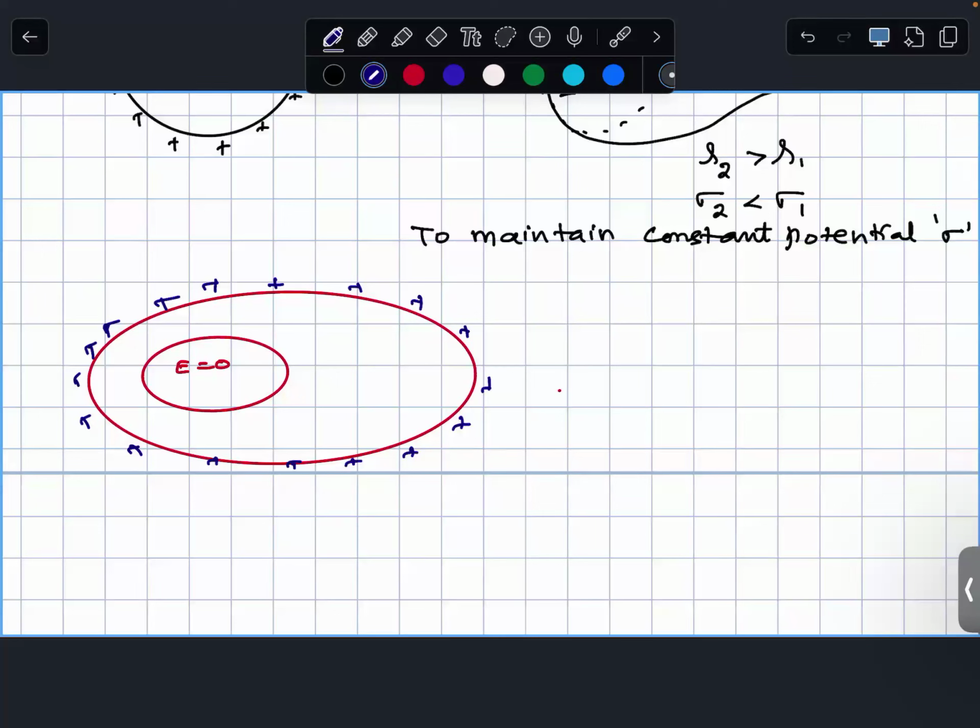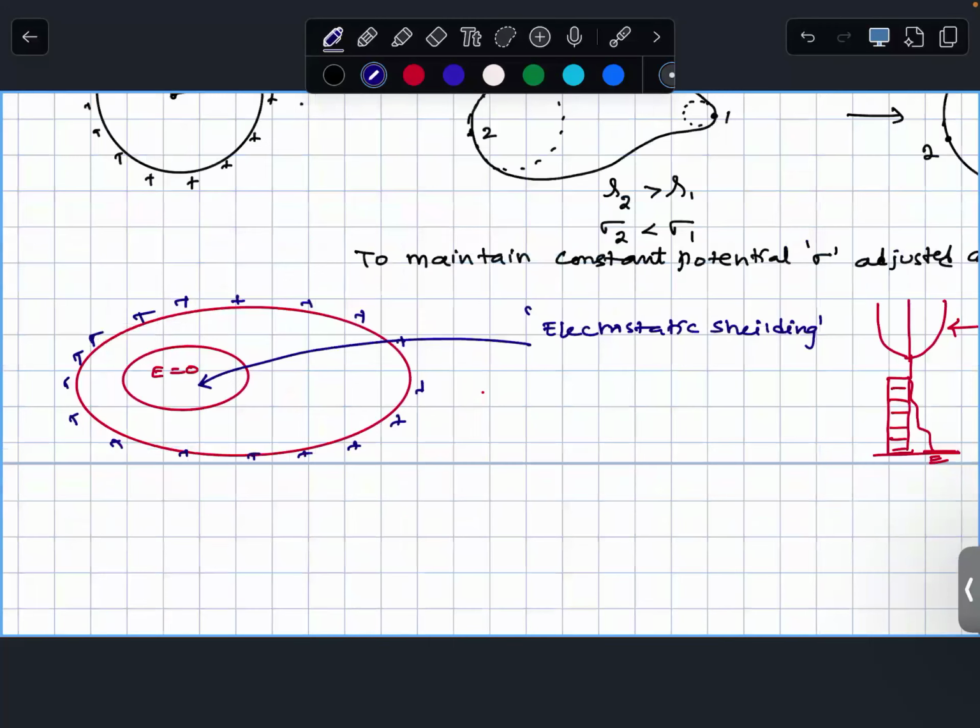Inside the cavity, electric field is zero. And this is the principle called electrostatic shielding. To protect us from external fields, this cavity behaves like a shield for us.